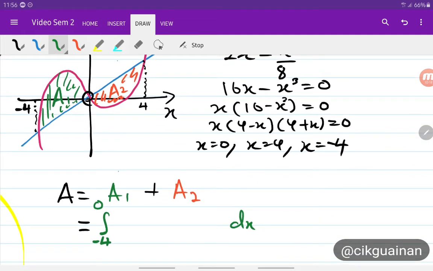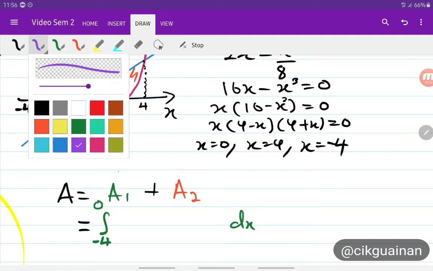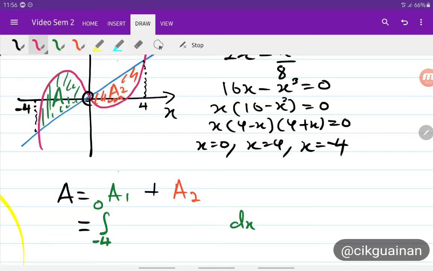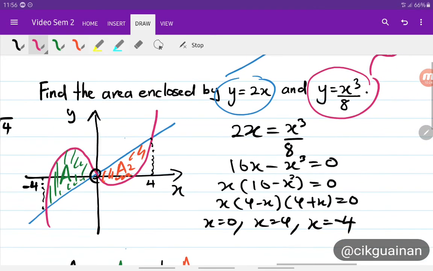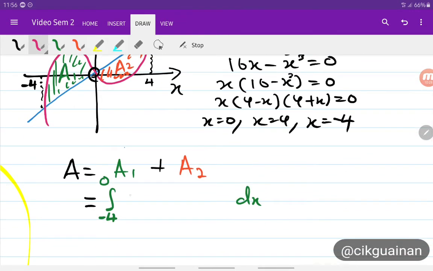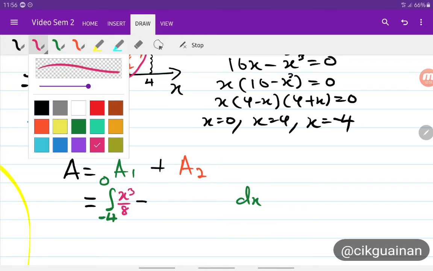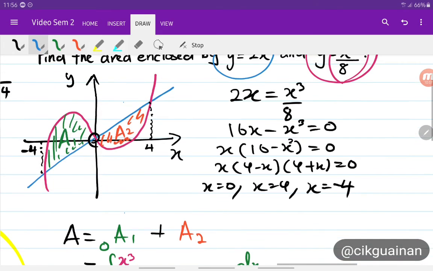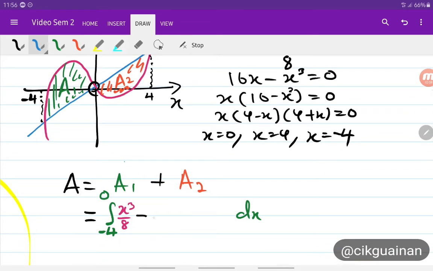As you can see, the upper curve is the one in purple, x cubed over 8, and then minus the blue one. The blue one is the straight line y equals 2x, so 2x over here. Not that long anyway.